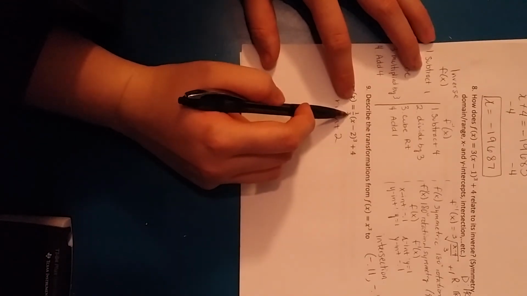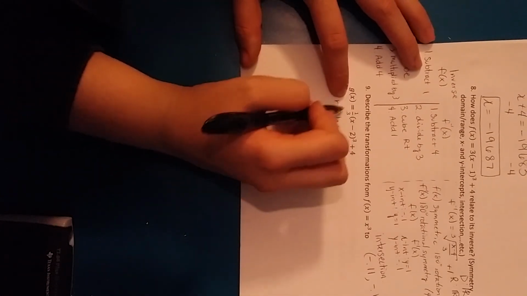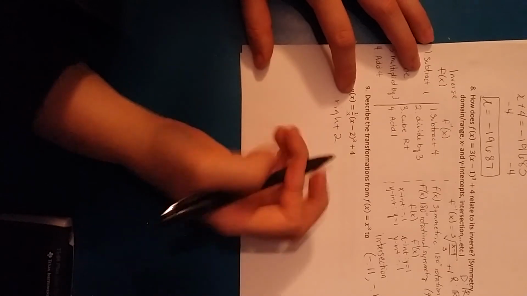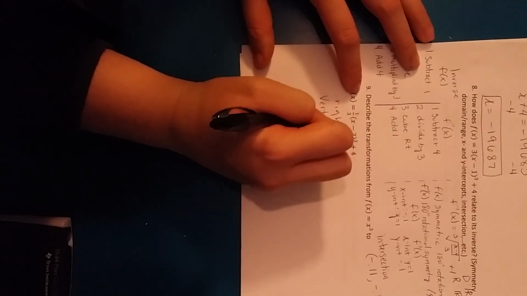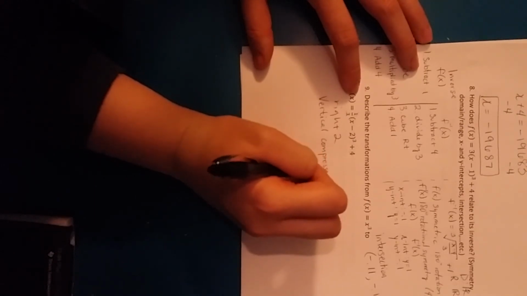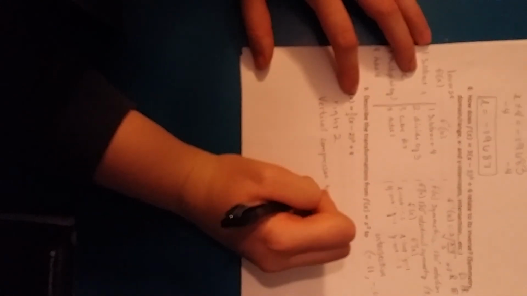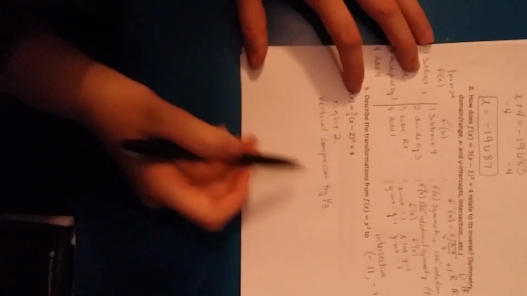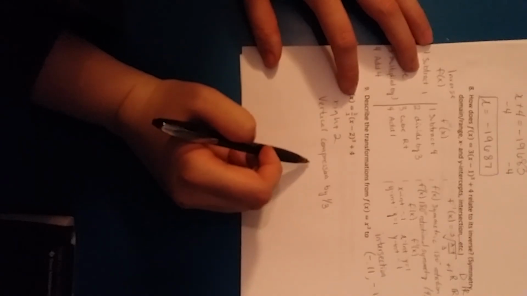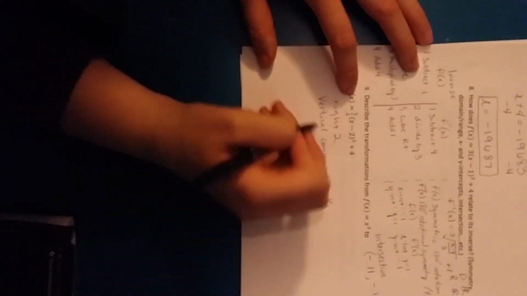That 1/3 is on the outside, so that's going to be my vertical stretch or compression. It's less than 1, so it's a vertical compression. It's making my y's smaller by a factor of 1/3. That 4 is on the outside of everything, so that means I'm picking up all my y values and shifting them up 4.